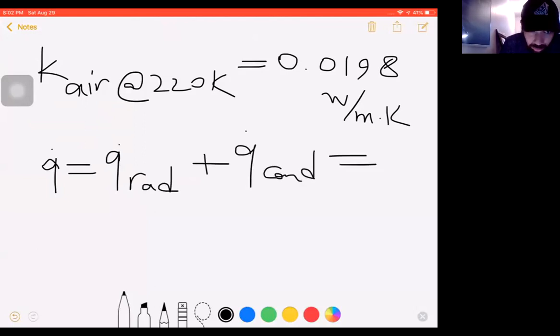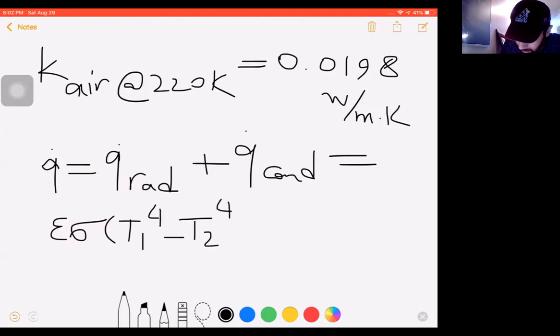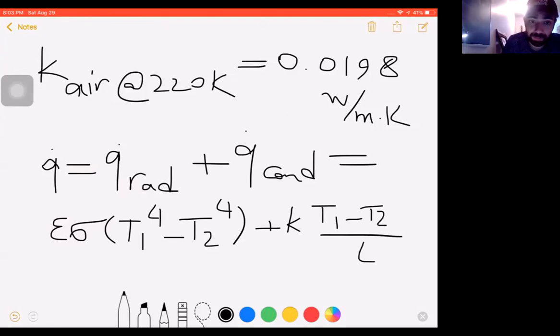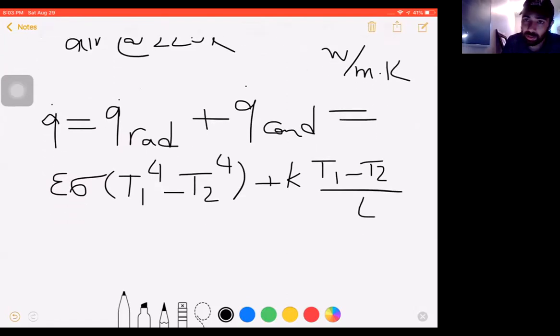That would be equal to epsilon times sigma times T1 to the power of 4 minus T2 to the power of 4, plus K of conduction for the air times T1 minus T2 over the length. We do not include the area because we are asked to find it per unit surface. And epsilon is equal to 1, as the question said.